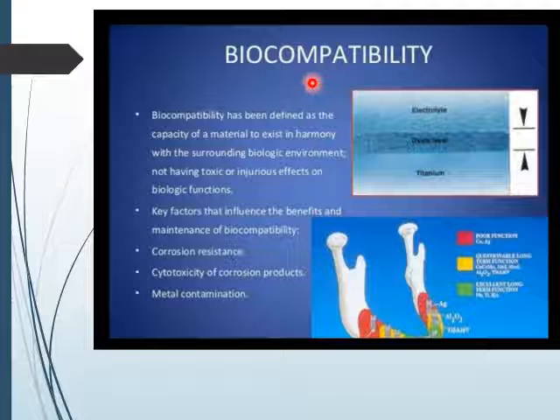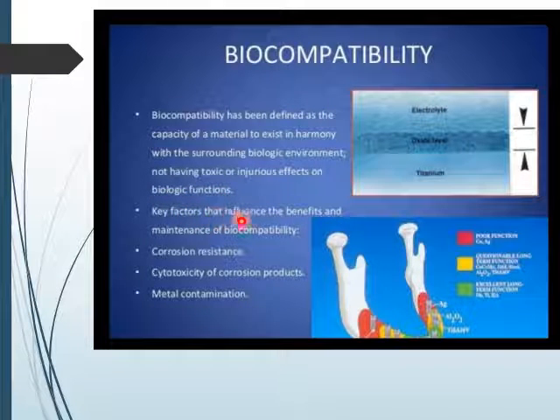Biocompatibility has been defined as the capacity of a material to exist in harmony with the surrounding biological environment, not having a toxic or injurious effect on biological function.